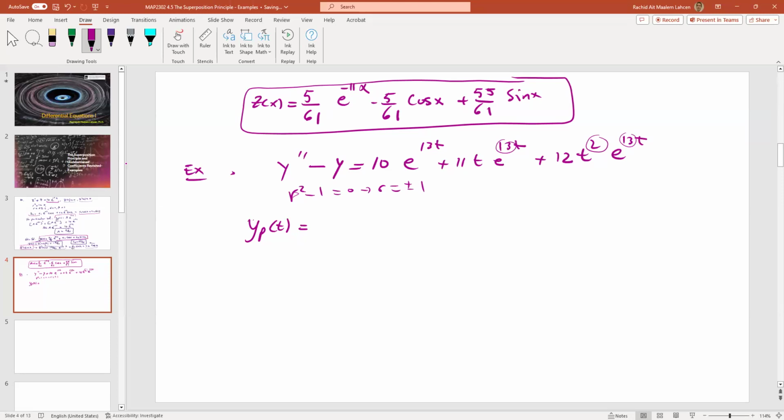And the polynomial we will use, based on the highest degree, is 2. So that means you need something like this, e to the 13t.